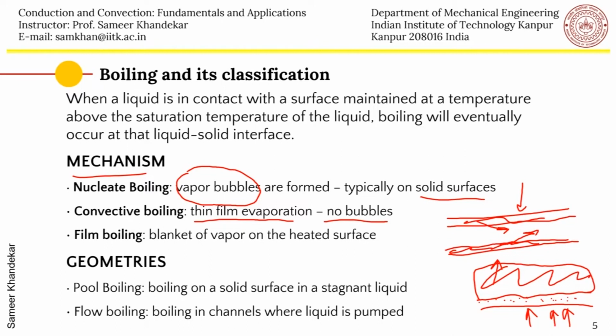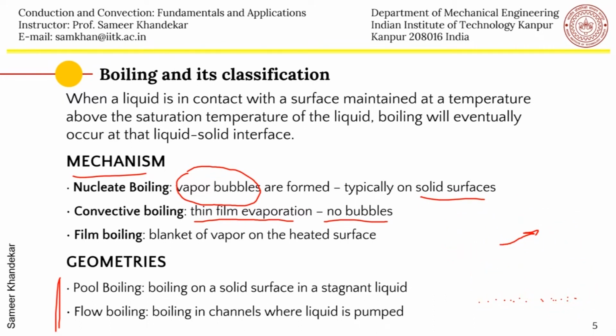Now typically there are two geometries. One is pool boiling. It is like when we make tea, you have a pool, and in this pool there is no external flow. If you take a vessel, put some liquid in it and start heating, this is a stagnant liquid. As the temperature increases, bubbles will start forming, and there is no external active flow taking place in this pool, and therefore this is called pool boiling.